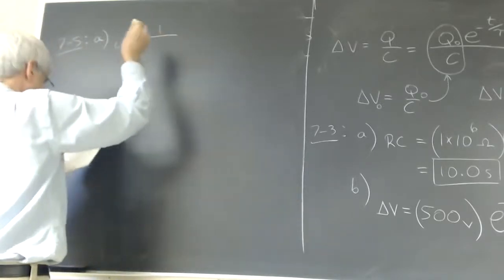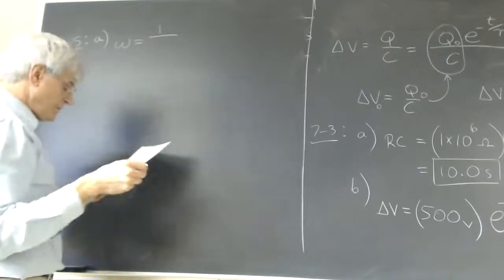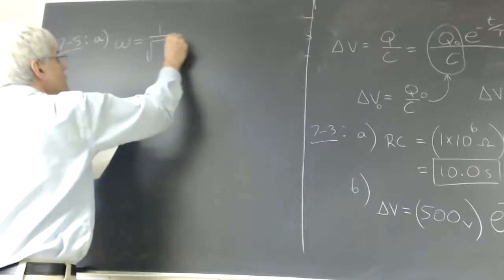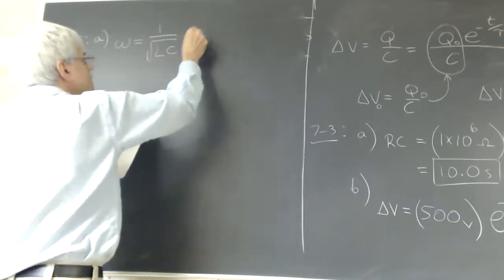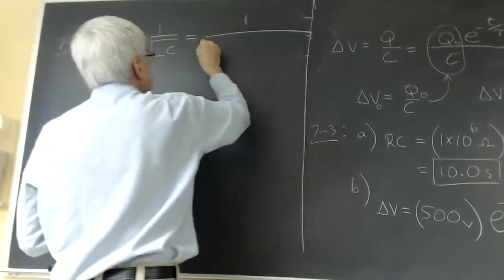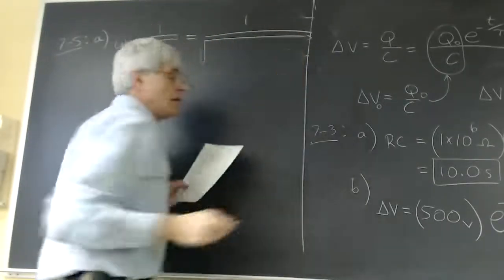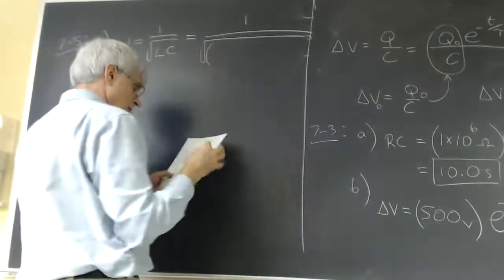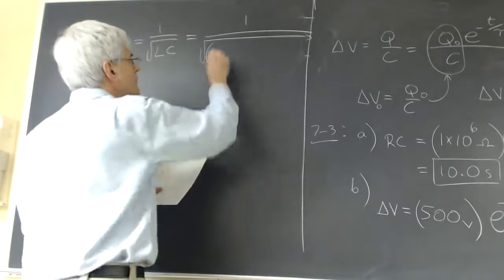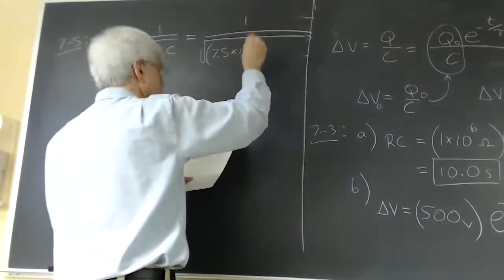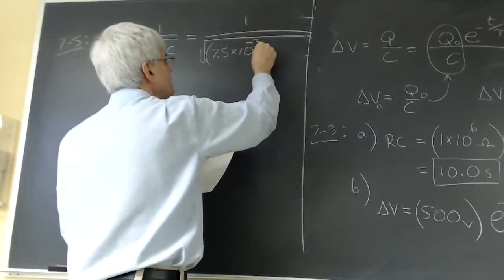To get the so-called angular frequency, the frequency in radians per second, it's 1 over the square root of LC. Of course, as usual, you have to fix the units. 7.5 millihenries is 7.5 times 10 to the negative third of a henry.